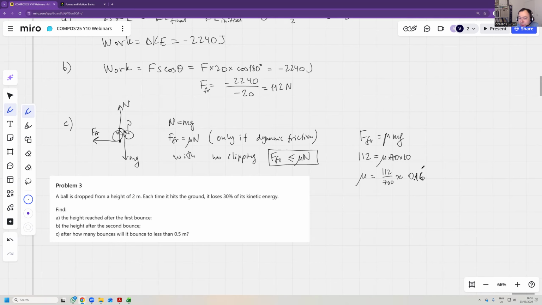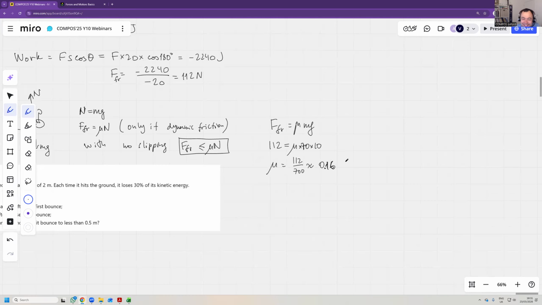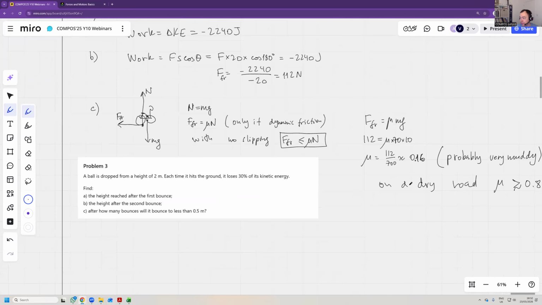So that's very snowy conditions, probably very muddy, because on a dry road you would expect at least 0.8. Mu is greater than or similar to 0.8 on a dry road. Okay, so that's the coefficient of friction for you.